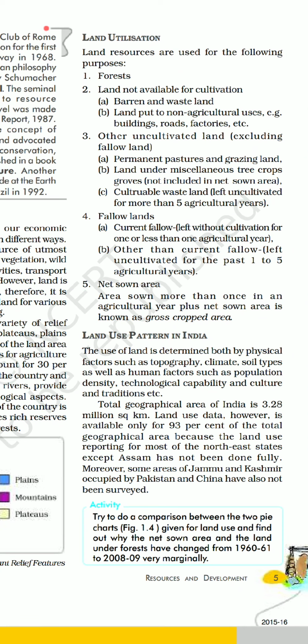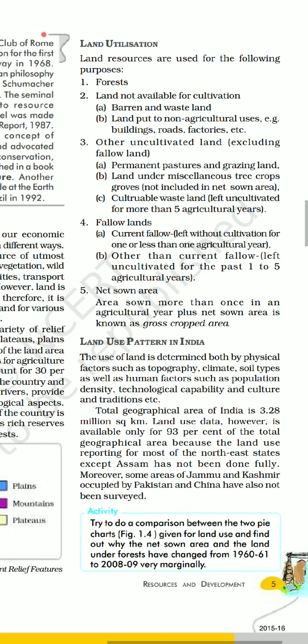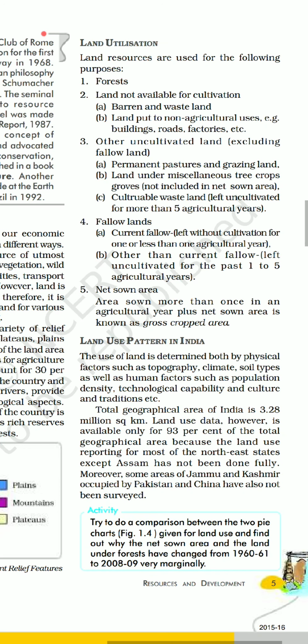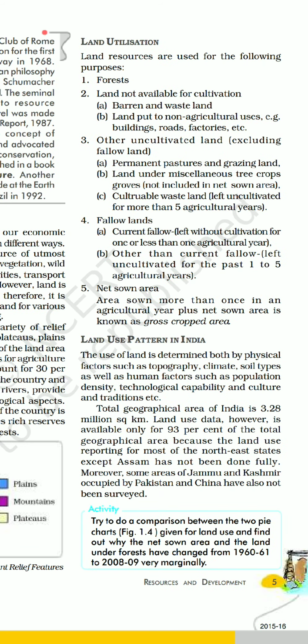For example, the net sown area varies from one state to another. It is over 80% of the total area in Punjab and Haryana and less than 10% in Arunachal Pradesh, Mizoram, Manipur, and the Andaman and Nicobar Islands. It means the net sown area varies from state to state.